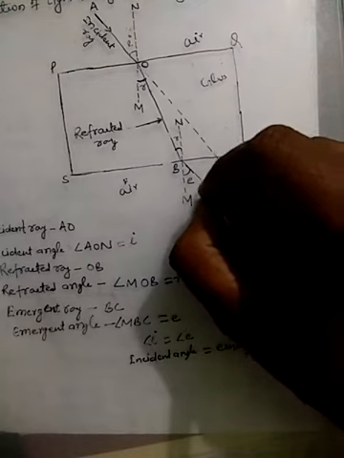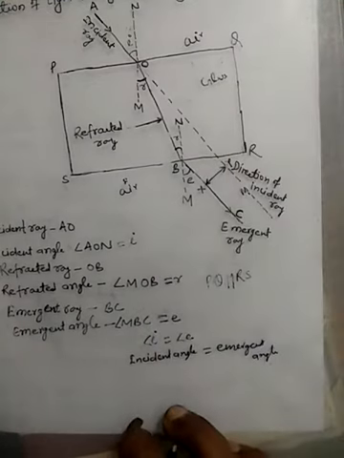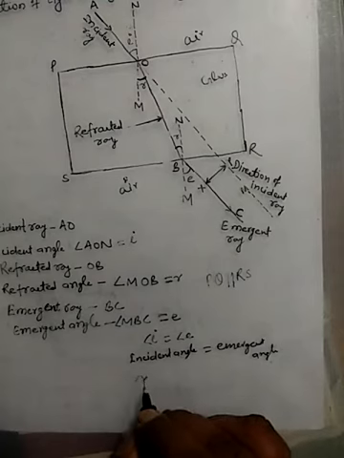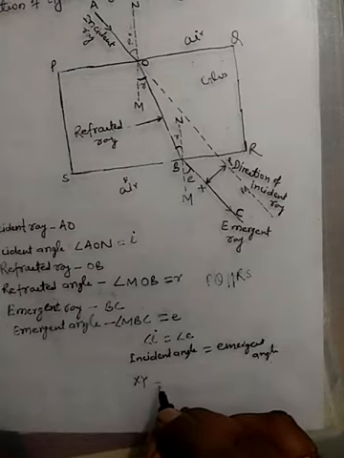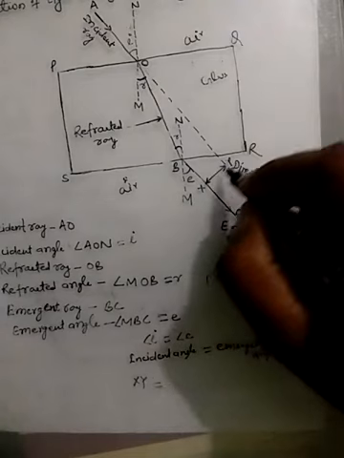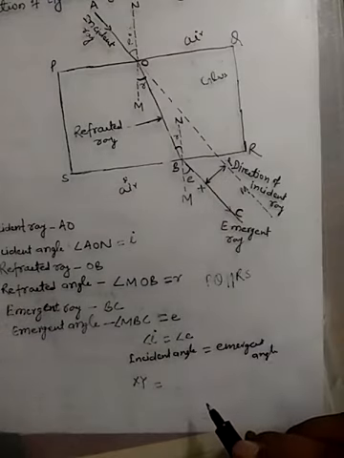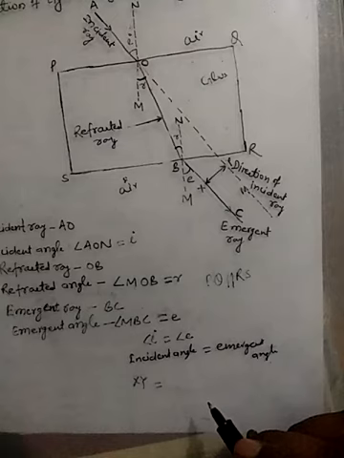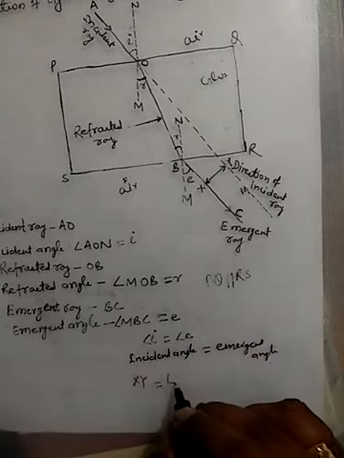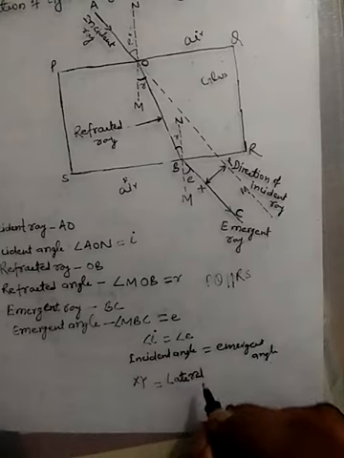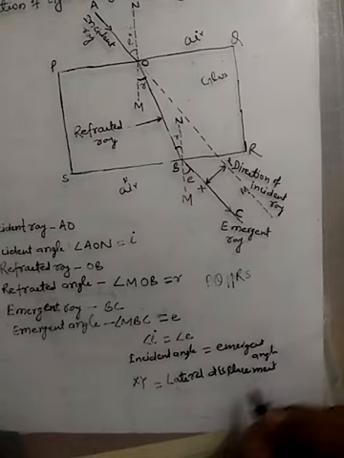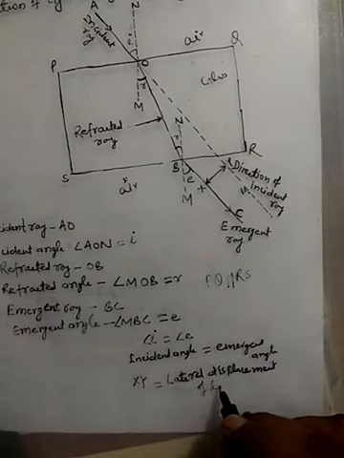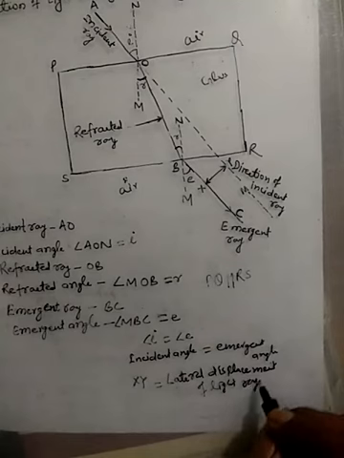If we represent it here as XY, then XY is the perpendicular distance between these two parallel lines, and this is known as lateral displacement of a light ray.